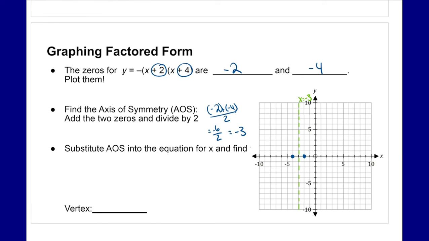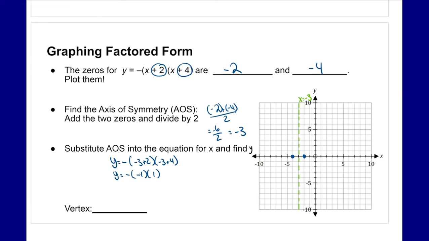I then want to take that axis of symmetry, substitute into the equation for x, and find the y value. So y equals negative, instead of x, we have negative 3 plus 2 times negative 3 plus 4. Negative 3 plus 2 is negative 1, times positive 1.